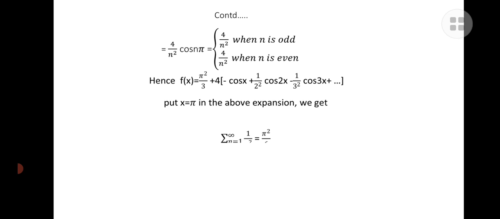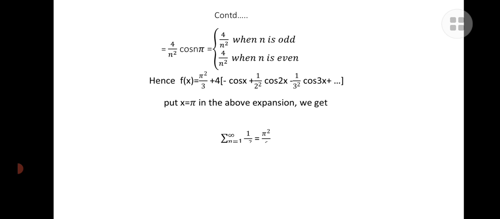Using Bernoulli's formula, we can expand the integral, that is 2 divided by pi bracket x square sin nx divided by n minus 2x into minus cos nx divided by n square plus 2 times minus sin nx divided by n cube, under the interval 0 to pi.